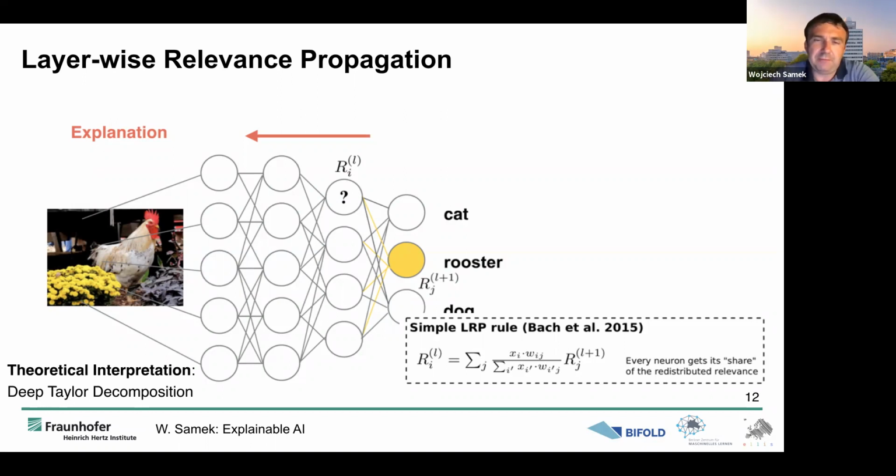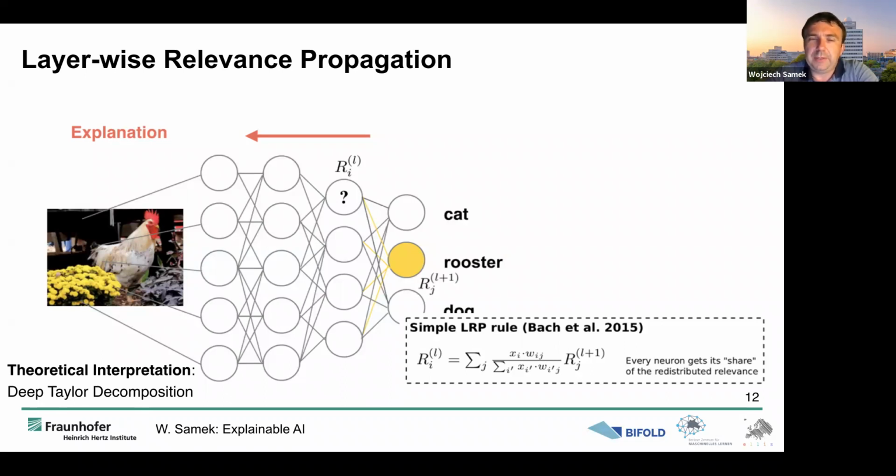And then how much evidence should be redistributed from the second last layer to the layer below, and so on. So you simplify the redistribution problem by doing it layer by layer. In one shot, it's too complicated. And this is the whole trick.